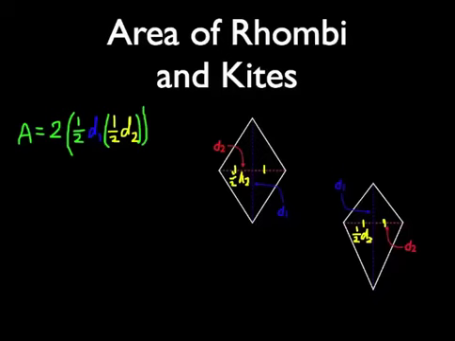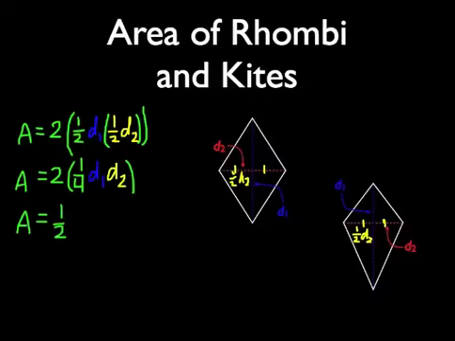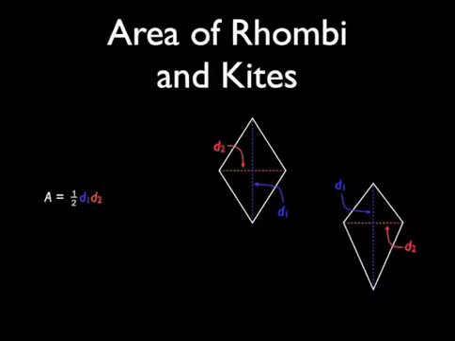Wow, this looks like something out of a nightmare, but it's really not. Because 1/2 times 1/2 is 1/4, eliminating one set of parentheses. And 2 times 1/4 is 1/2. So the area of a rhombus or a kite is 1/2 the product of the lengths of the diagonals.